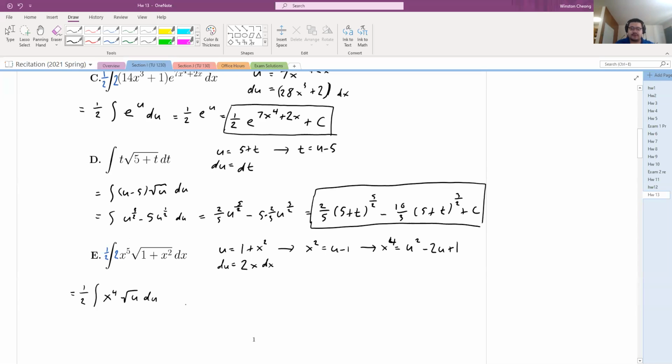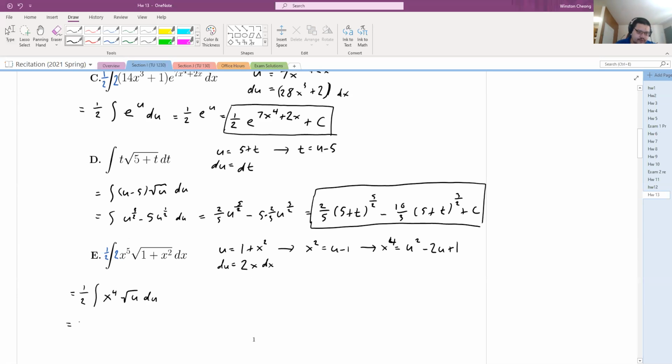Now this is very improper the way that's written, because you're never going to see things written like this in a textbook, since the integral is now in terms of two different variables. But it's a way you can hint to yourself, if you couldn't do all the processes mentally, that this x to the fourth is the target for what you're trying to convert over. You're trying to convert this function over to be in terms of u.